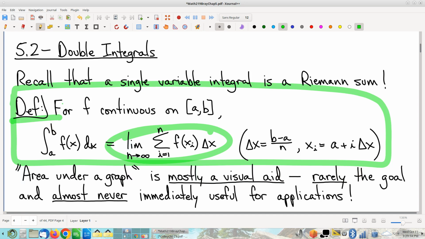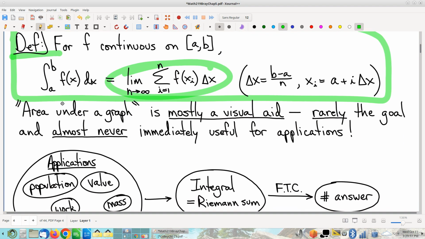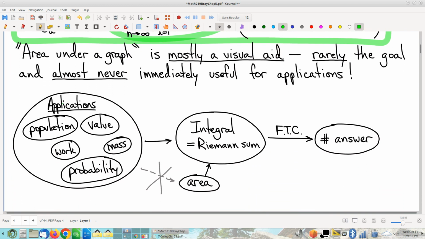The Riemann sum is the way that you connect single variable integrals to applications. This is not mathematicians just being uptight about formalities. This is why integrals relate to problem solving. Very important point. Area under a graph is kind of nice and all, but, again, that's not really the point.